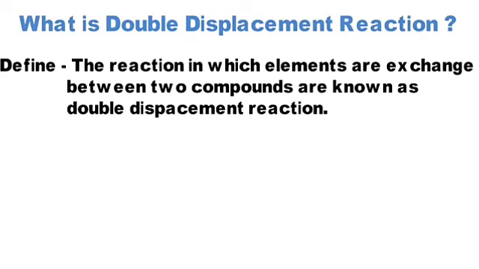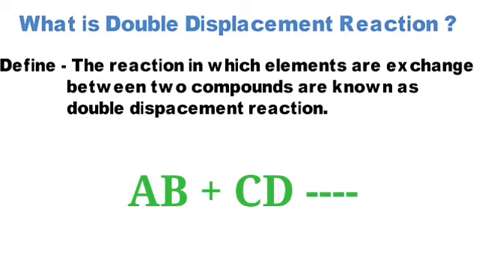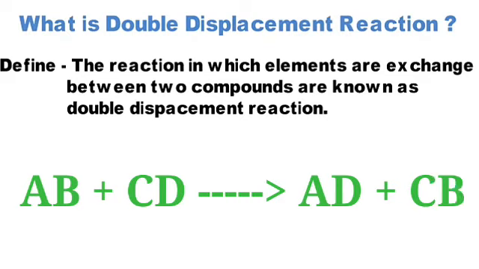This reaction is also called a metathesis reaction. The general form is AB plus CD gives AD plus CB. In that, A and C from the reactants displace to form AD and CB as products.